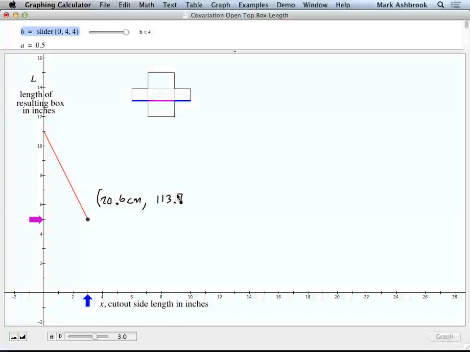So we got a really big piece of cardboard sheet. All we know is that we've cut out side lengths of 20.6 and the resulting length of the box is 113.7. Can we write the length of the resulting box as a function of x, the cutout side length?